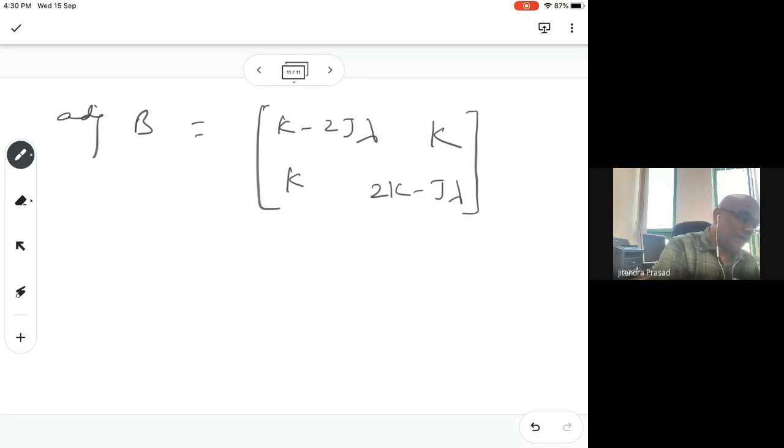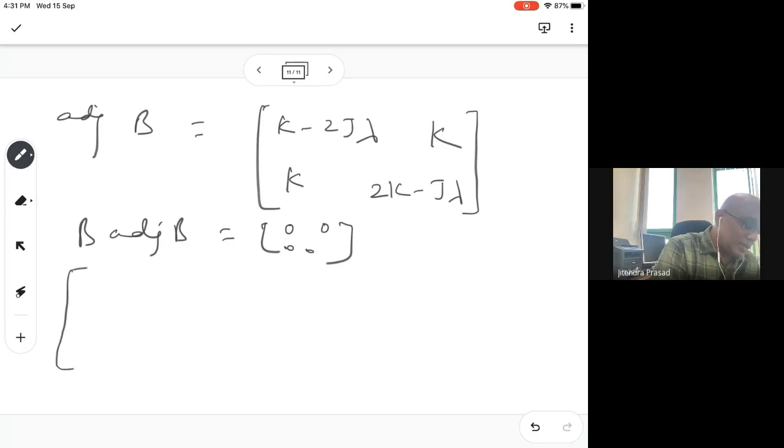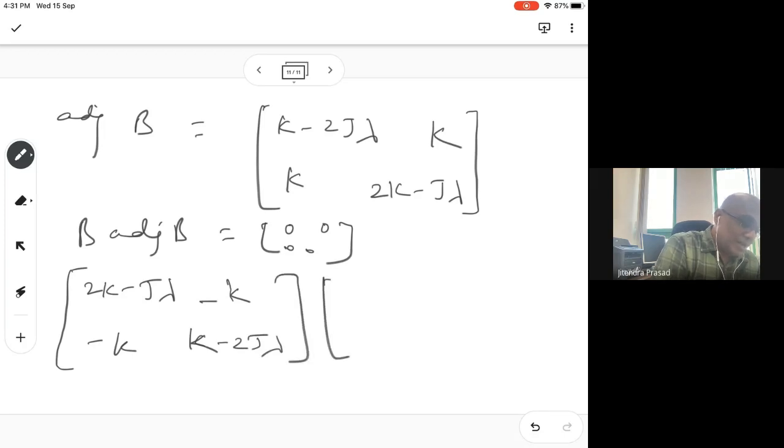Now B adjoint B is equal to 0, 0, 0, 0, right? This is how you are getting it. So first we write B. Our B is 2K minus J lambda, minus K, and K minus 2J lambda, multiplied by adjoint B, which is K minus 2J lambda, K, 2K minus J lambda.